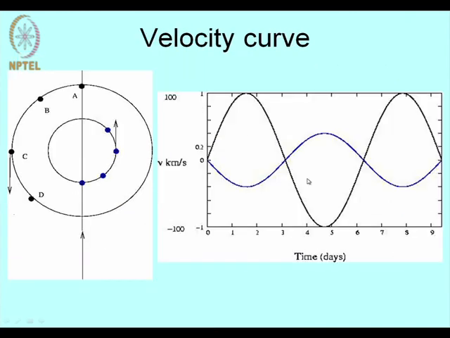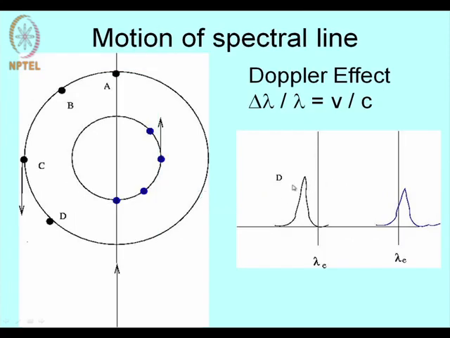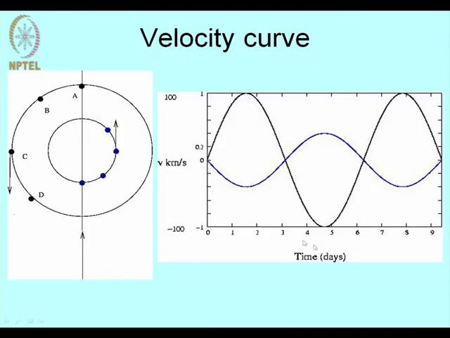So, the shift in the wavelength is going to go up and down like this. Similarly, this wavelength is going to go up and down like this. And if I plot the wavelength, the wavelength can be used to infer the line of sight component of the velocity. The shift in the wavelength can be used to infer the line of sight component of the velocity, and this is what the line of sight component of the velocity looks like.